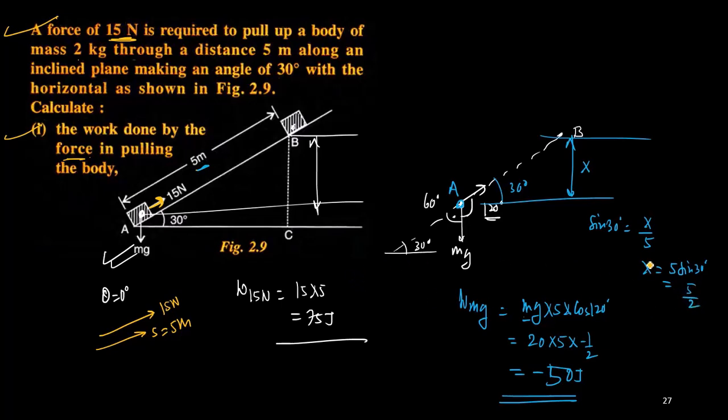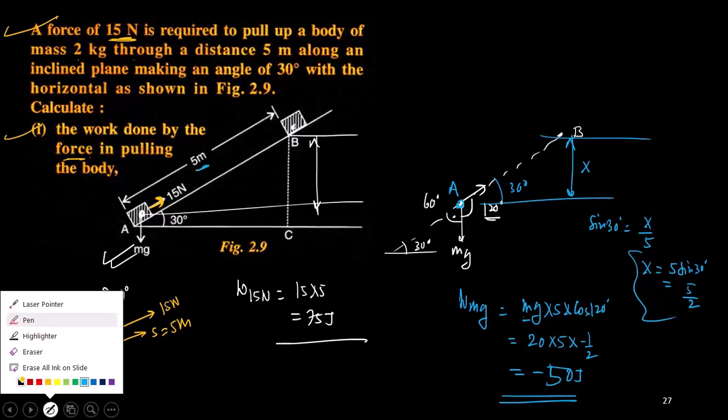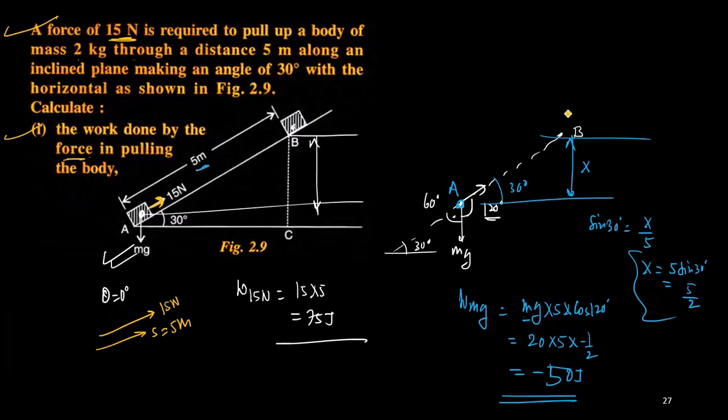This is the displacement of this point. Now simply multiply with mg. But be careful that since x is upward and mg is downward, we should put a negative sign. So work done by gravity, mg means 20 into 5 by 2 into minus sign, and again we are getting 50 with the negative sign. So either you can solve it in this way or the other way, both will give the same answer.